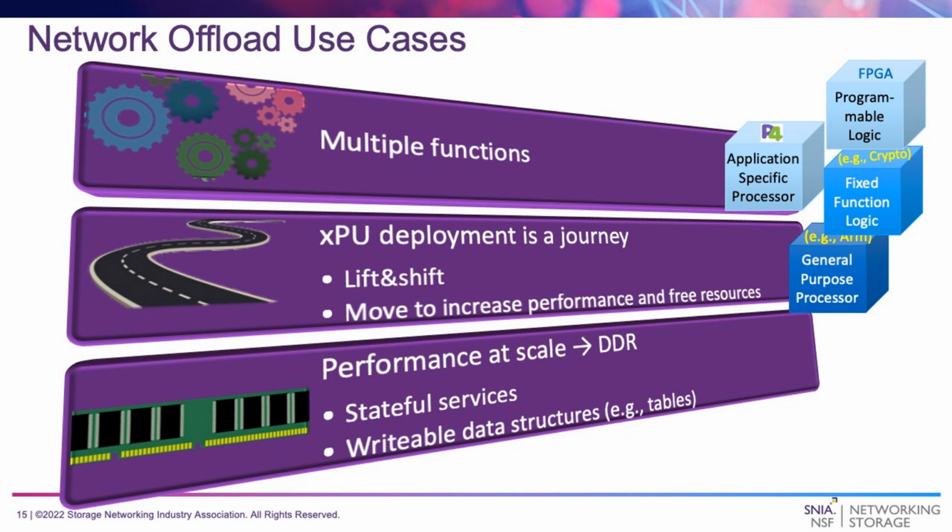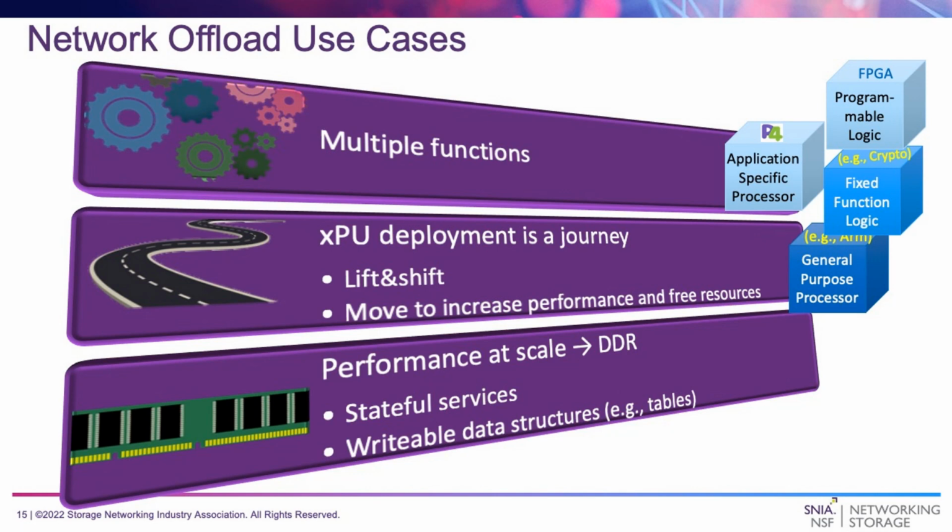And then we progressively move part of the functionalities to other computational units like fixed logic or programmable logic or application-specific processors. And this will allow us also to free resources on the general purpose processor that we can use for porting new functions or to perform management functions, we said before, aggregating data or control plane functions.